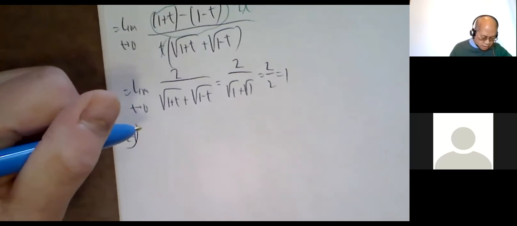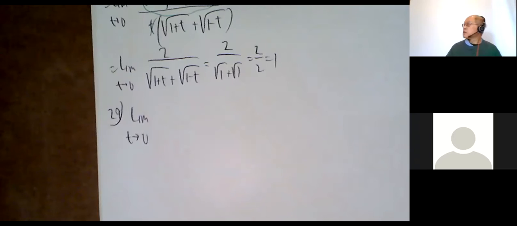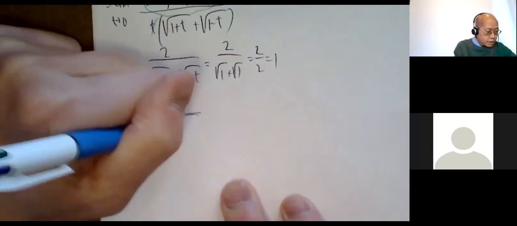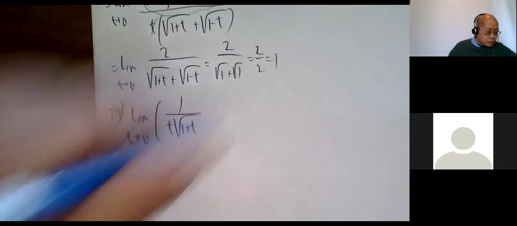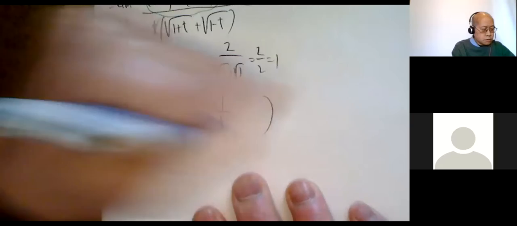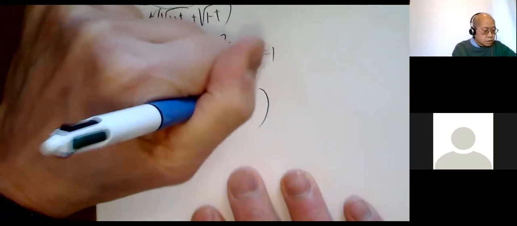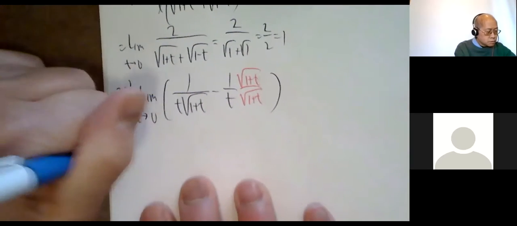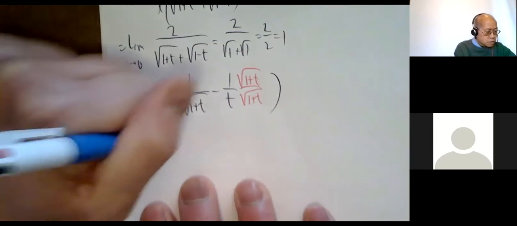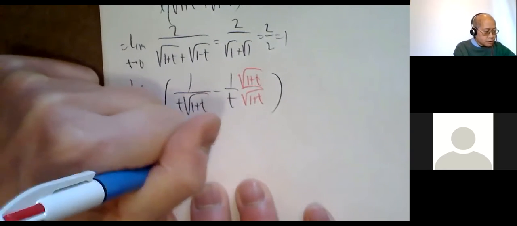And 29. The limit as t approaches 0 of 1 over t times the quantity 1 over radical 1 plus t minus 1 over t. Okay, multiply by radical 1 plus t, top and bottom, giving 1 minus radical 1 plus t over t radical 1 plus t.